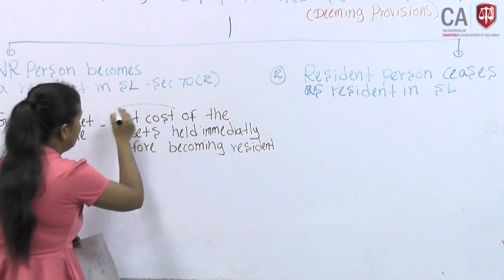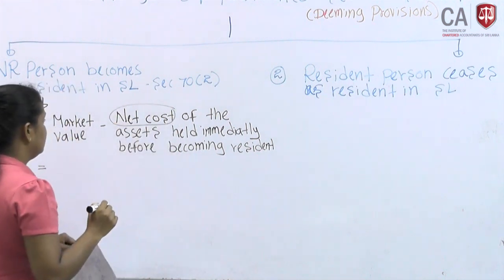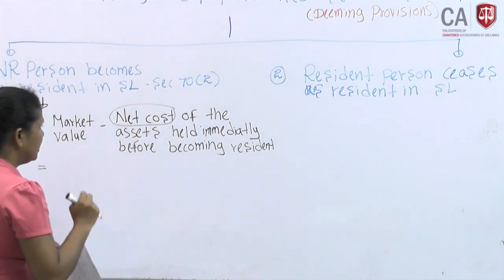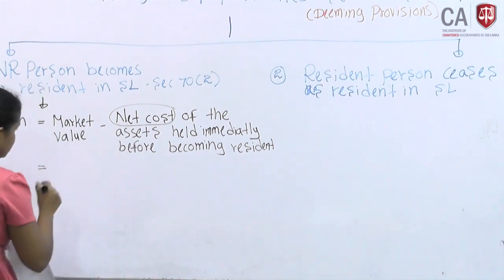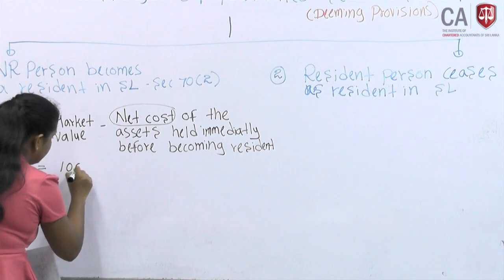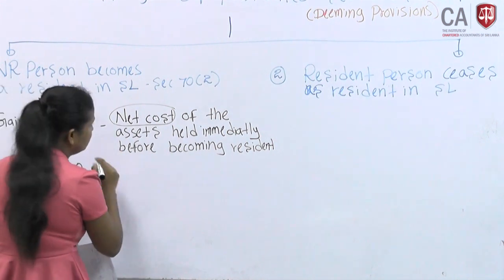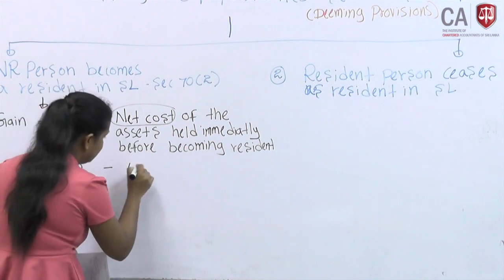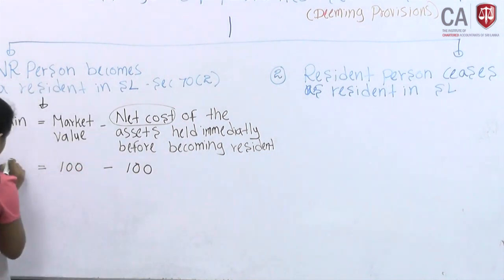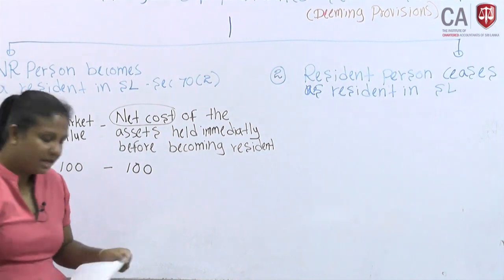Now here, the net cost of the asset immediately before becoming a resident according to section 70 subsection 2: if the market value is 100 and the net cost of the asset held immediately before becoming resident is also 100, that means the gain is 0. Clear?